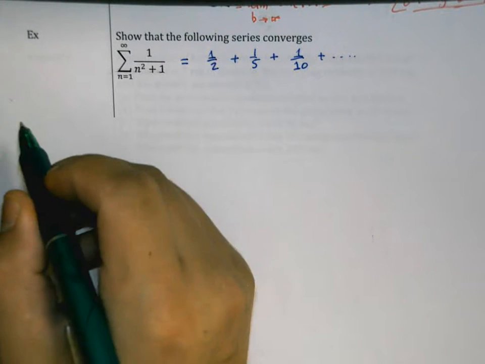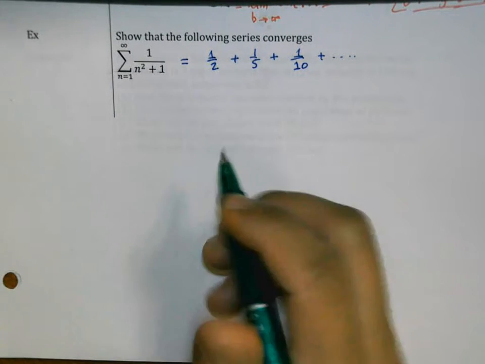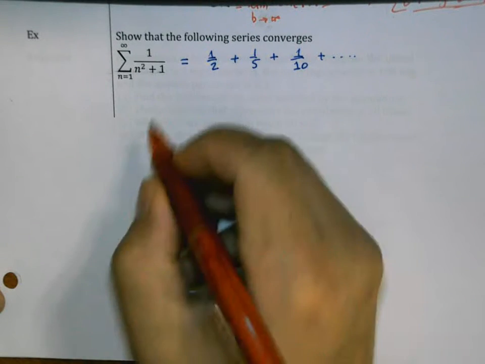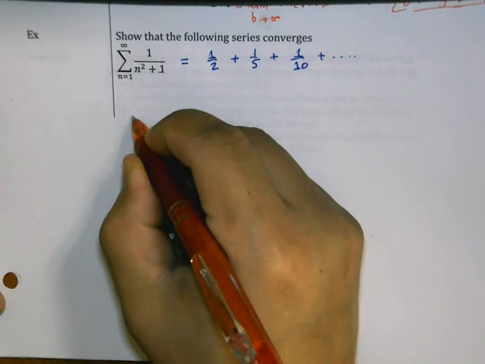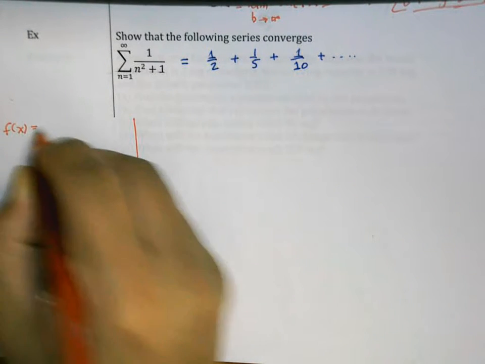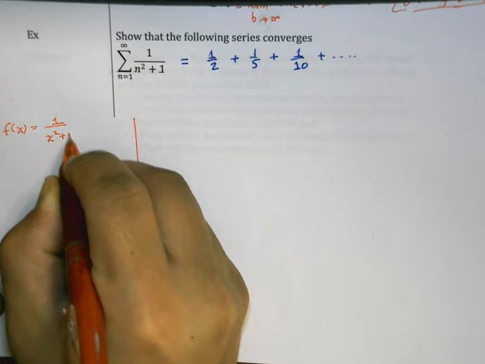Okay. So we're going to use the same idea as we did in the last video, where we compare this to an integral with just some slightly different wrinkles here. Okay, so let's look at the graph of f of x equals 1 over x squared plus 1.